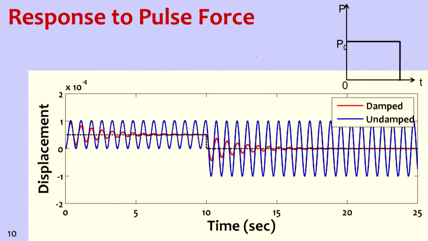So how does this response look? You can see this one: suddenly when force is applied, the vibration amplitude starts from 0, and this is P naught by K, the static deflection part. Suddenly it increases and then it is oscillating. Let's look first at the blue line, and then at this point suddenly the force is removed.